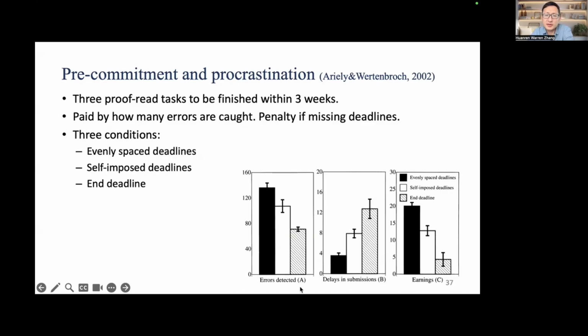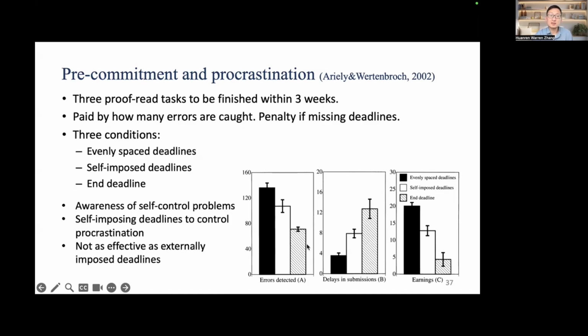If we look at these 3 conditions, we see a very obvious ordering. Universally, we have the best performance for the evenly spaced deadline, the most rigid condition. Then the self-imposed deadline, even though not as good as the externally imposed deadline, still significantly outperforms the deadline at the end.